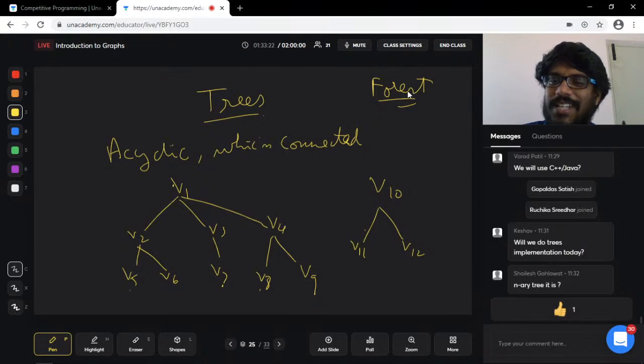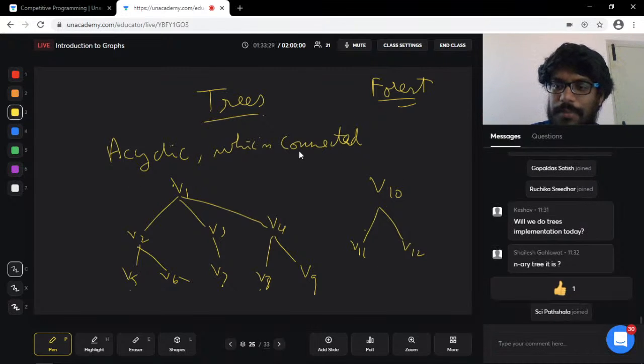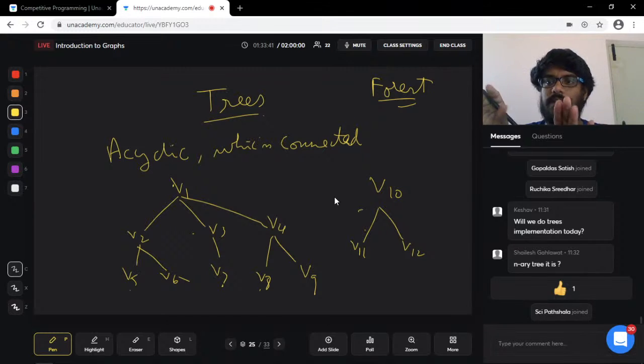A forest is nothing but a collection of trees, right? A forest has lots of trees in it. This is a forest because this is a tree, and these three vertices form a tree, because these are connected and acyclic. These are connected and acyclic, so this is a tree. But these are two different trees put together, they form a forest. Okay, so a forest is a collection of trees.